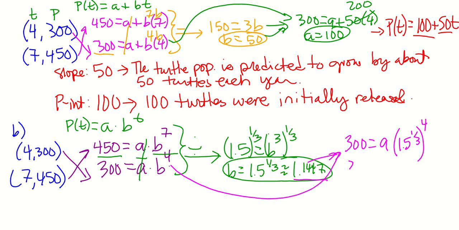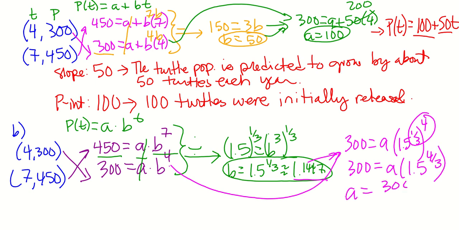So that gives me 300 equals A times 1.5, multiplying these exponents, I get to the 4/3, and A is 300 divided by 1.5 to the 4/3.